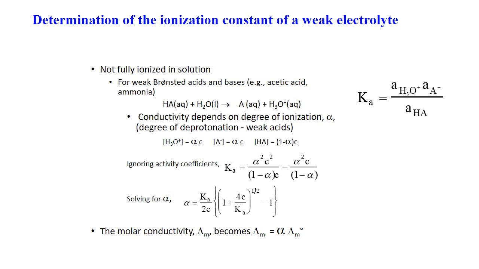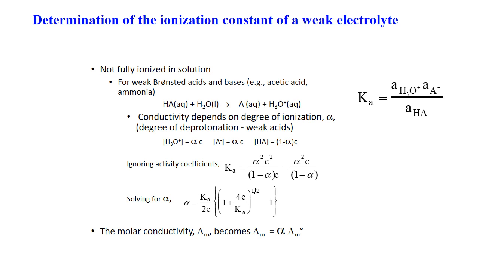Now what is alpha? As we mentioned, alpha is equal to lambda m at concentration C divided by lambda m at infinite dilution, meaning the molar conductivity at the concentration we are taking divided by the highest value, because at infinite dilution we have the limiting value, which is the highest. That will give us alpha.